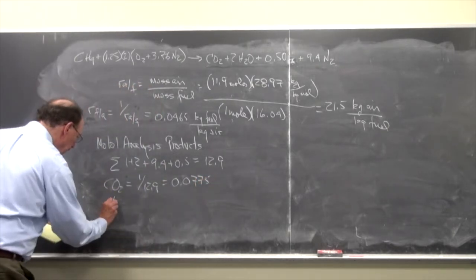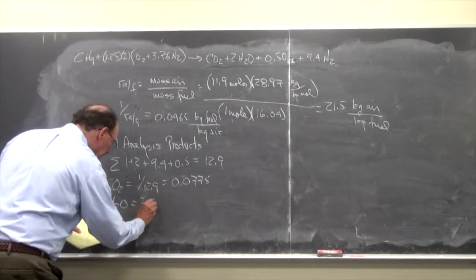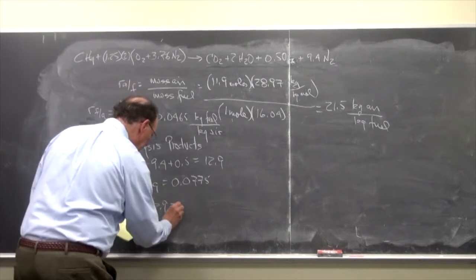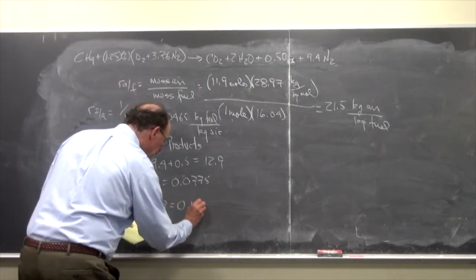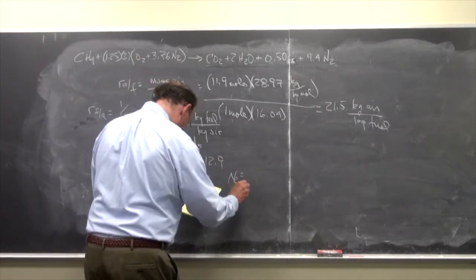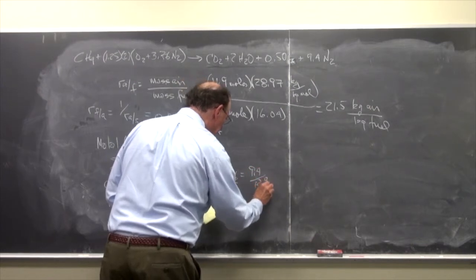For water, we have 2 divided by 12.9, and that's equal to 0.155. For N2, we have 9.4 divided by 12.9.